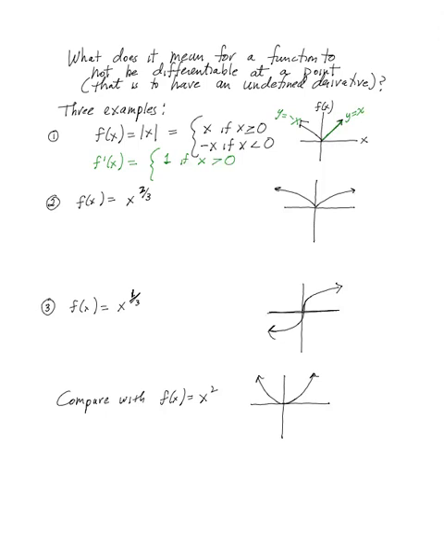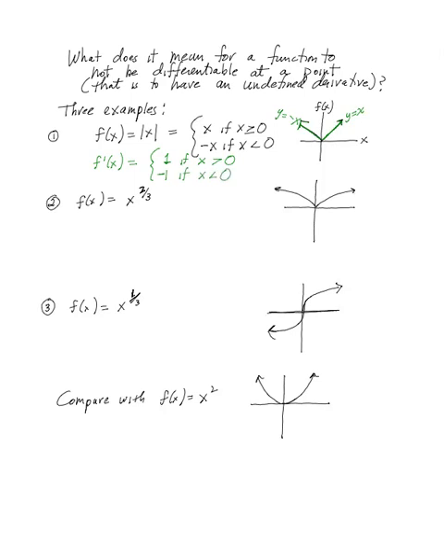So the tangent line is the graph itself, and the slope of the tangent line is 1. How about this piece? The slope of the tangent line is negative 1. The derivative of negative x with respect to x is negative 1. Now how about at 0?